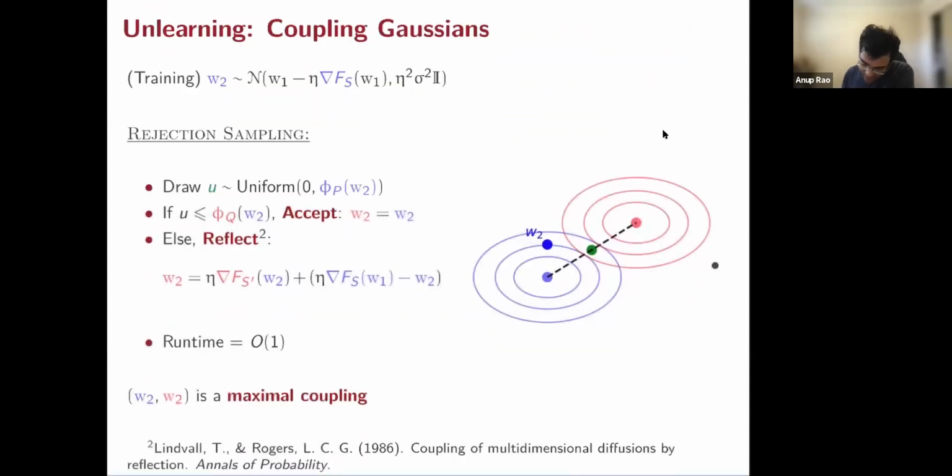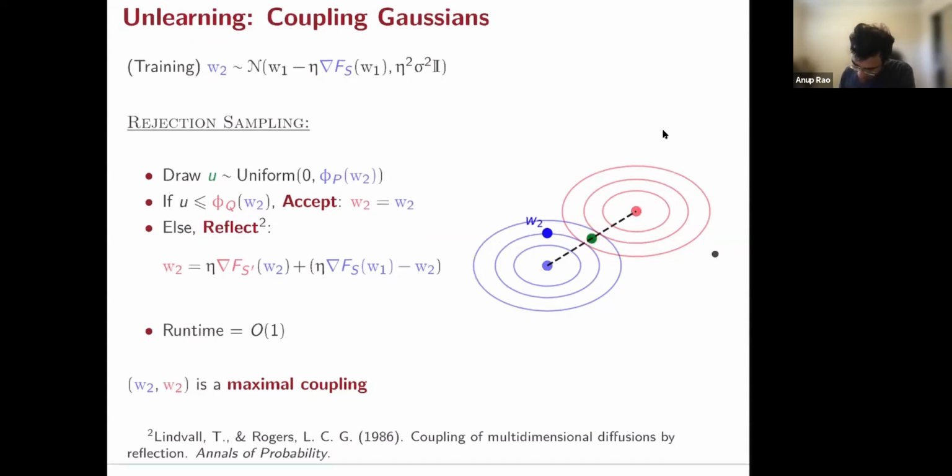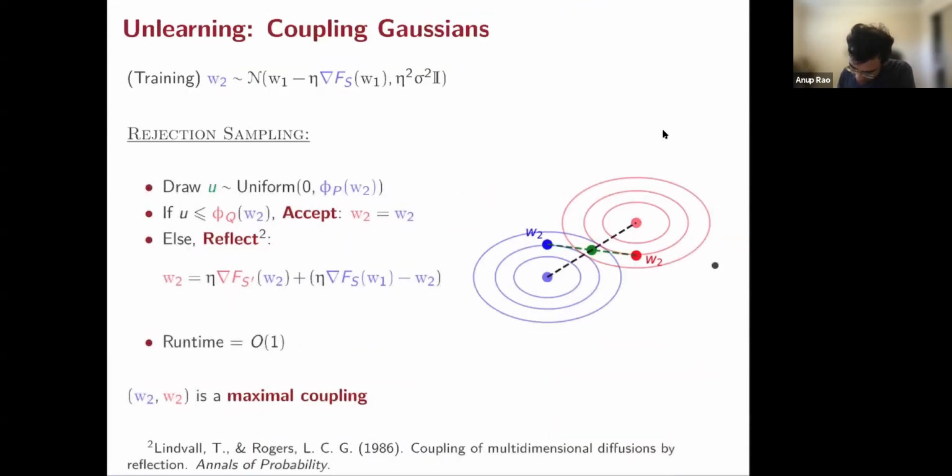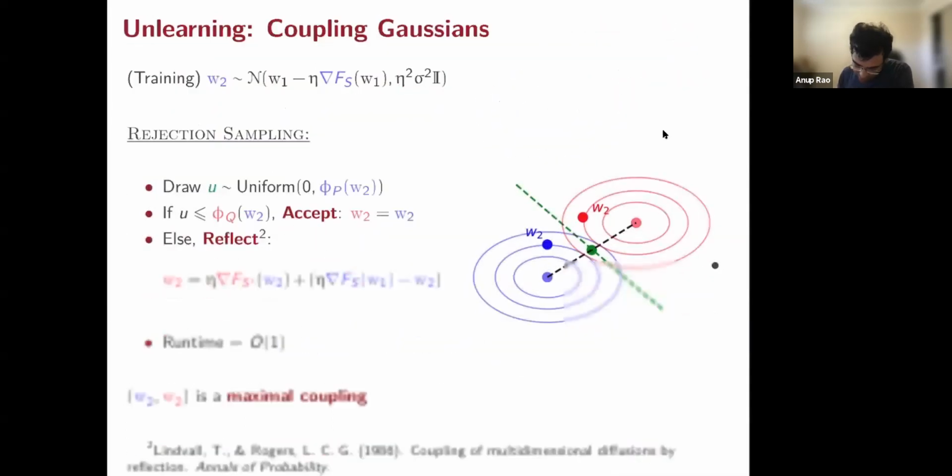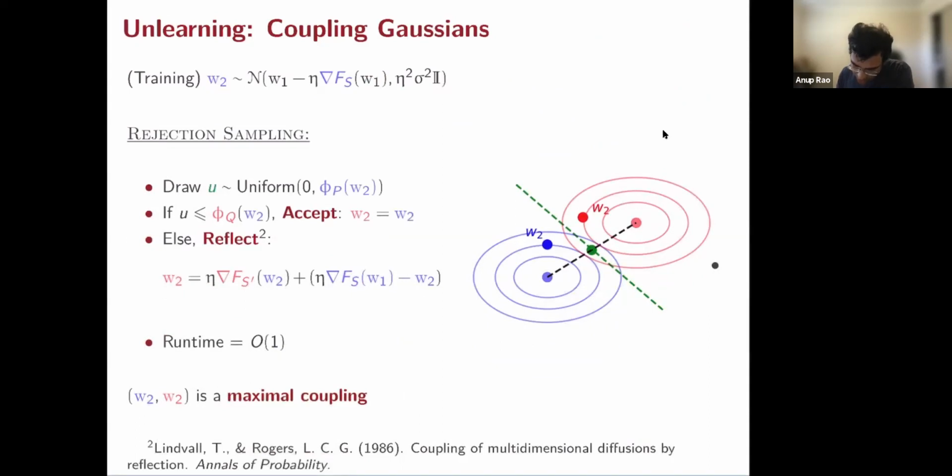In higher dimension, there are reflection samplings, where essentially we take the midpoint of the two Gaussians and reflect W_2 around the midpoint. There are multiple reflection samplings. We can also take the hyperplane separating the two means and reflect about that hyperplane.